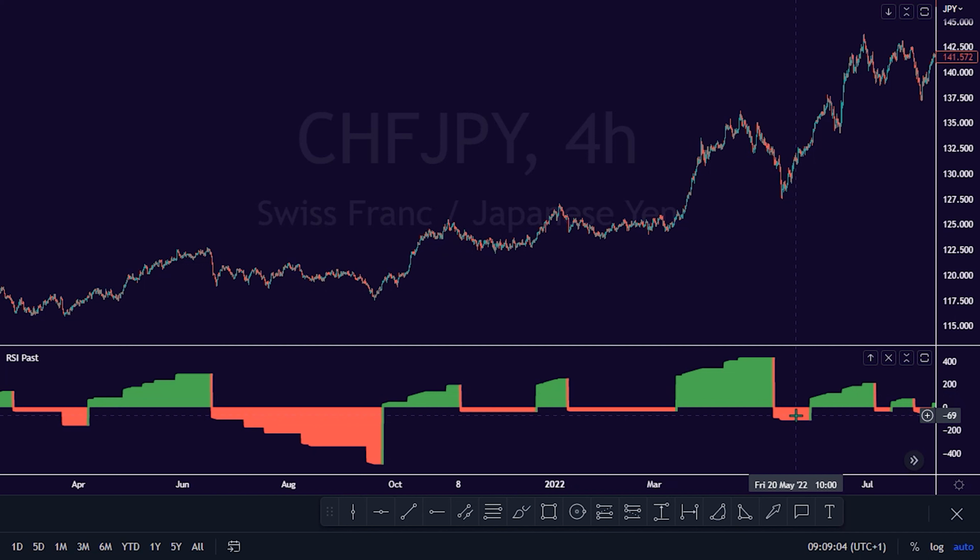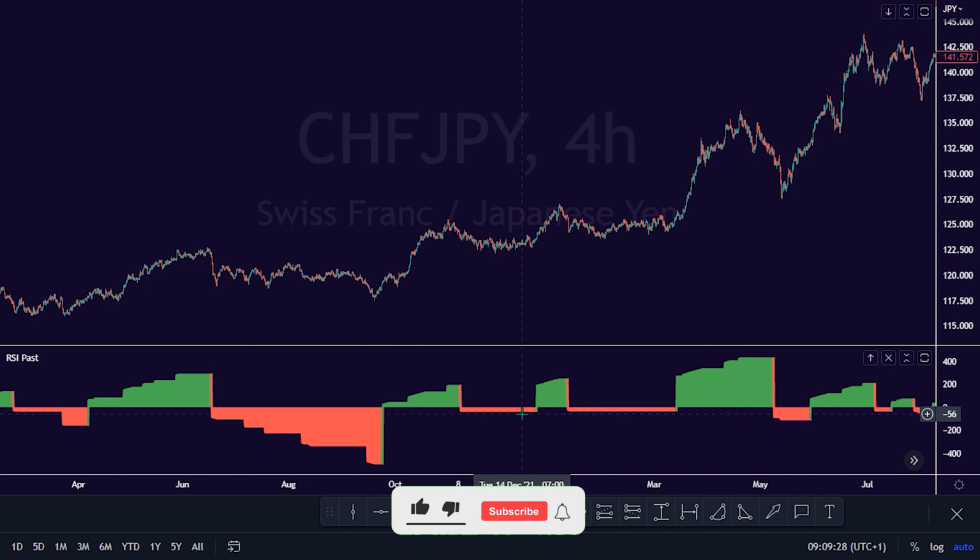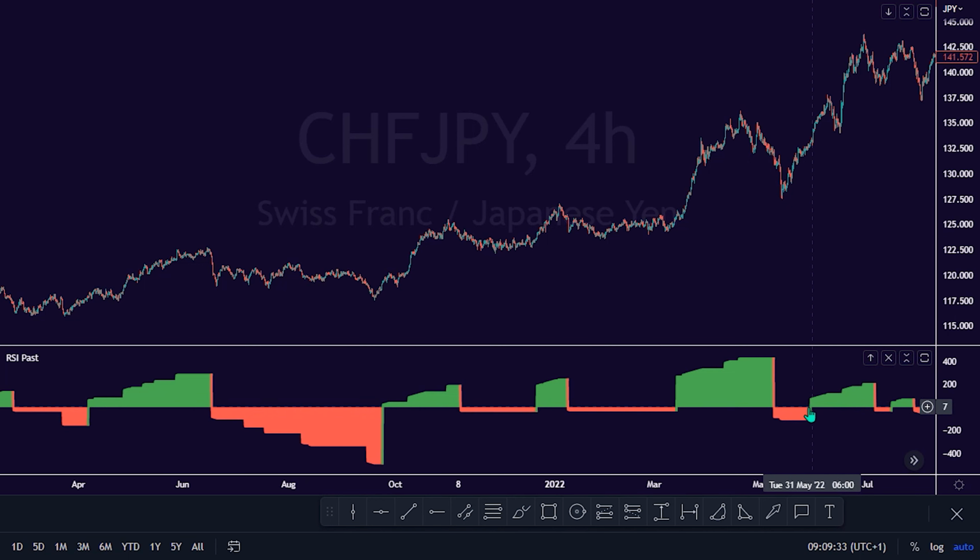Step 3. Watch out for the red shaded signal to turn green at the lower section, as in the examples we can see on this indicator. The final step is to buy whenever the green signal crosses above the zero scale value of the indicator. Let me show you an example of a buy trade setup entry.